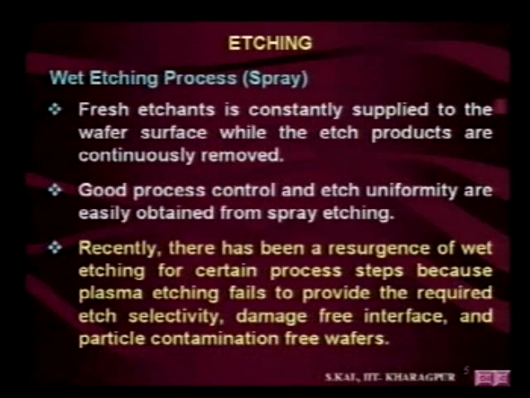One of the aspects is etch selectivity, because in dry etching the etch medium will be gas plasma. If you don't get proper plasma with proper selectivity, that means in the case of silicon dioxide and silicon, both etch at the same rate, then you are in a problem.